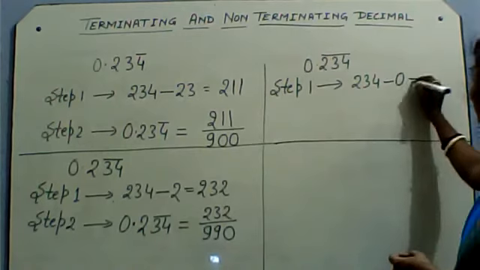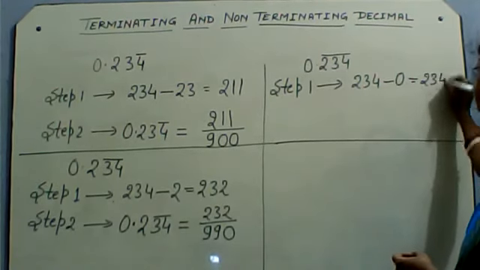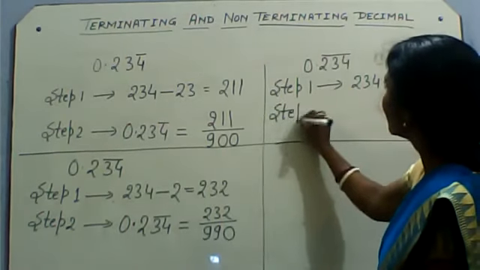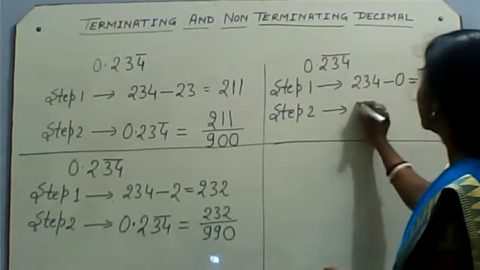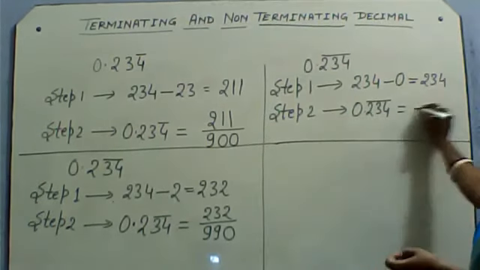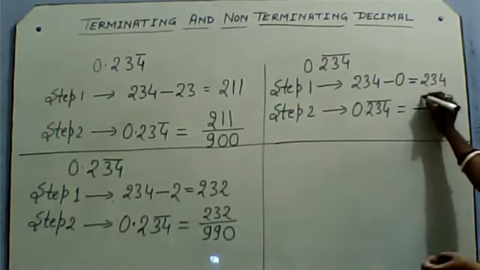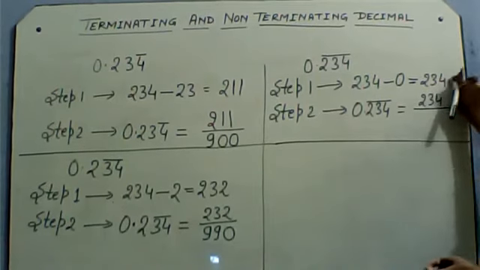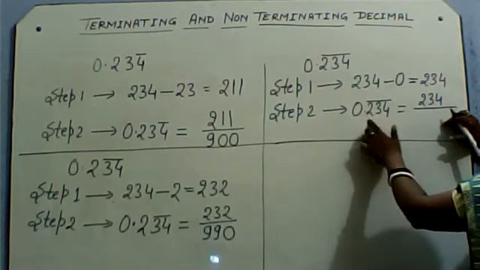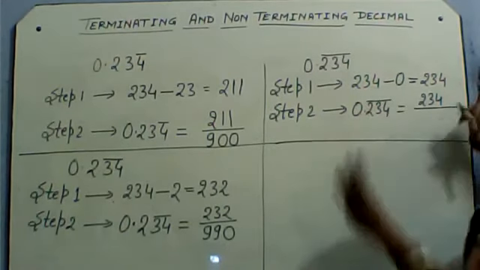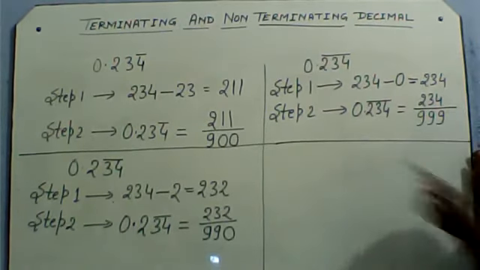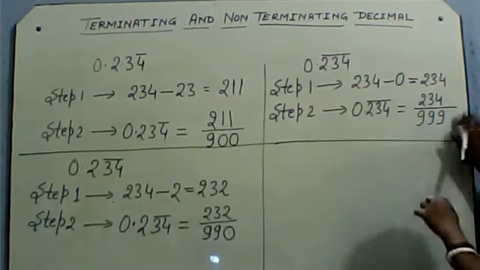Okay. Now, what will come? 234. And in step 2, 0.234 bar is equal to, in the numerator you have to put 234, and in the denominator, how many repeated? 1, 2, 3. 3 digits repeated, so you have to put 999. And how many non-repeated? Nothing, so nothing you have to put.